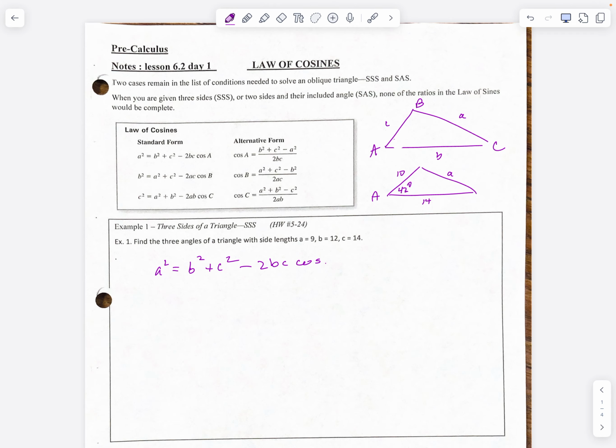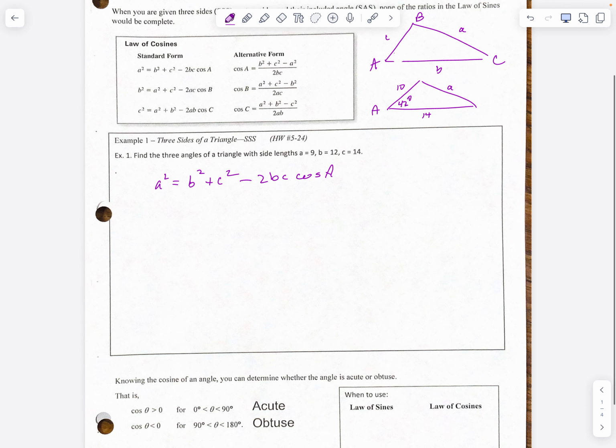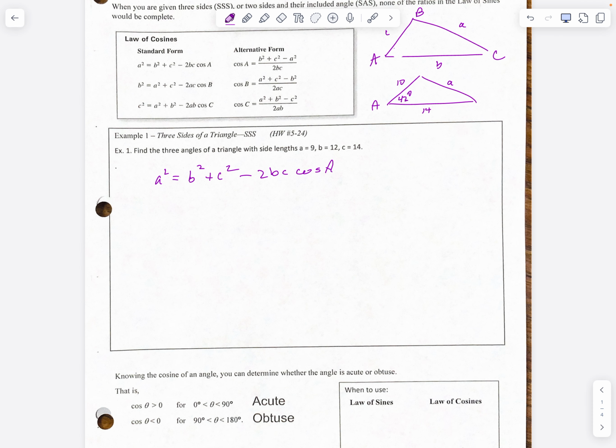Then divided by parentheses around the denominator, and it's 2 times 12 times 14. Now, I have to remember I have one parenthesis for the denominator and another parenthesis so that I get the inverse cosine of that quotient. I'm just saying so you can do it all at once.